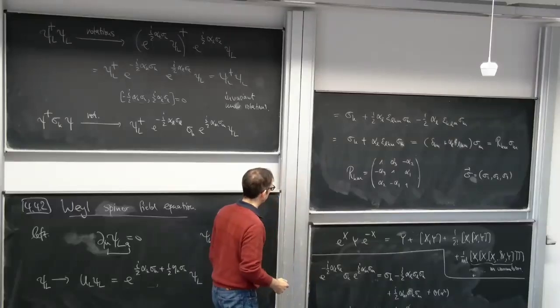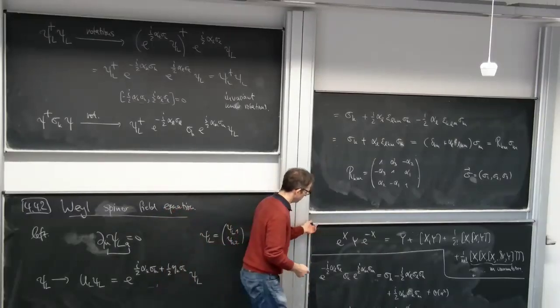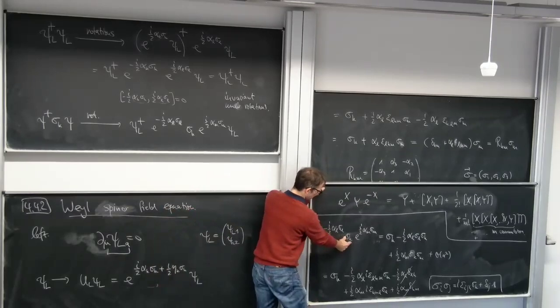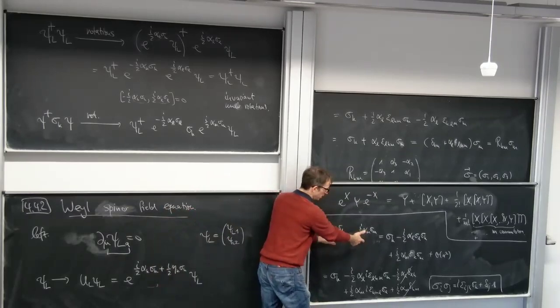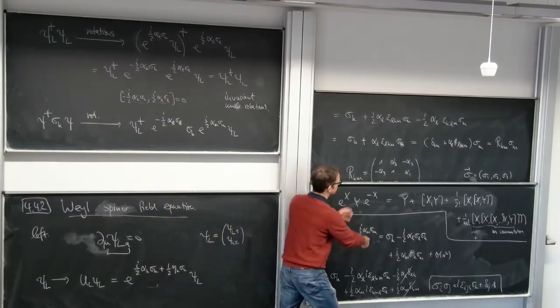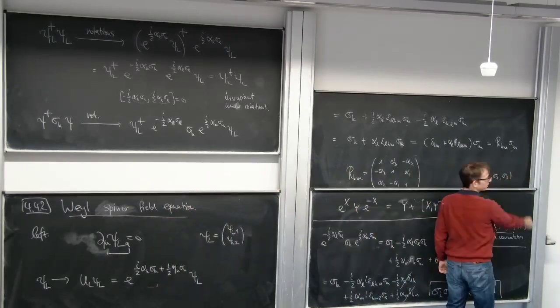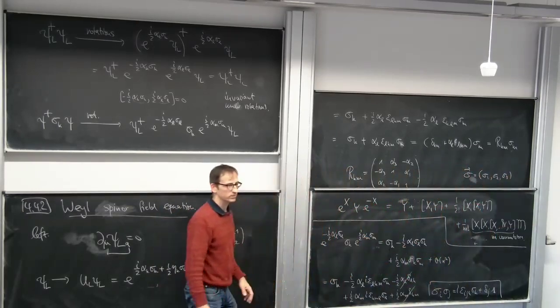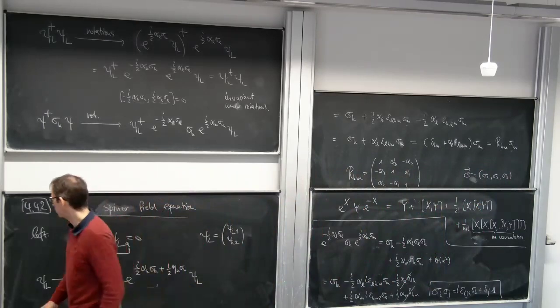So we have a Pauli matrix to left and right with these Weyl spinor rotations, and they do the same as if you rotate the index on the sigma. Let's write this down because it's so amazing.